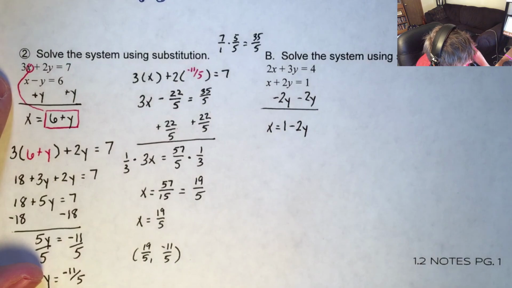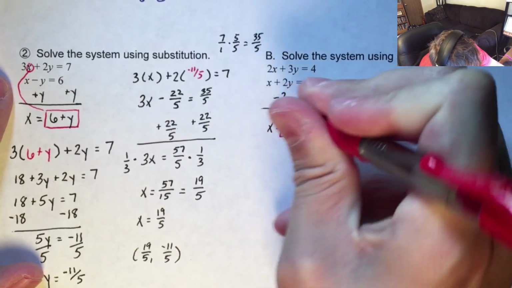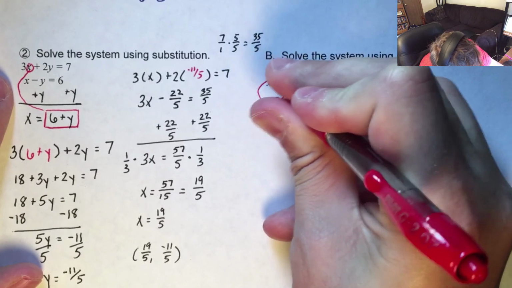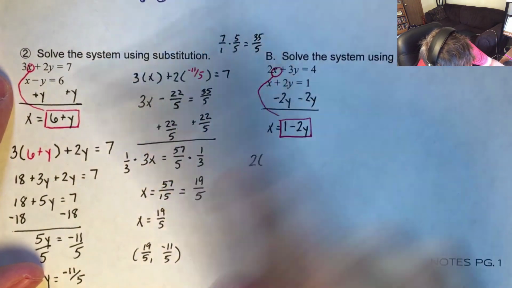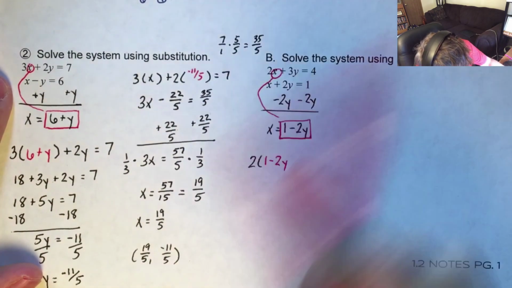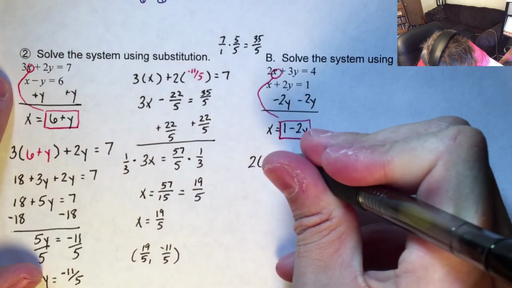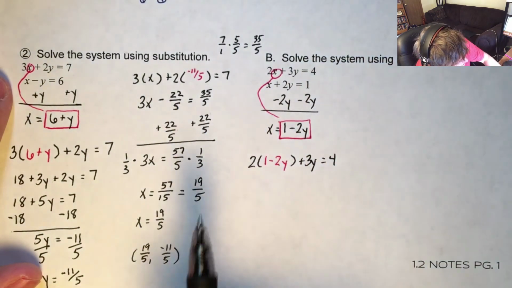So I now know that x is equal to 1 minus 2y. I'm going to replace x with 1 minus 2y. And then I'm going to distribute.